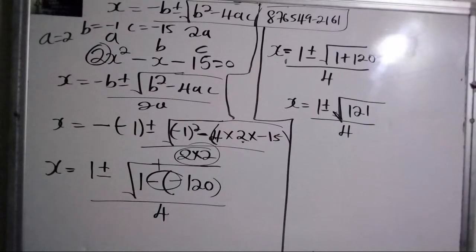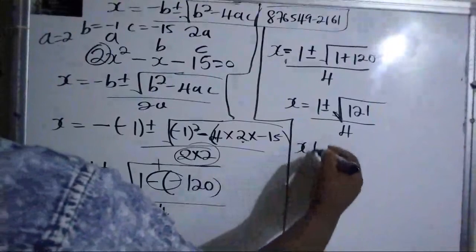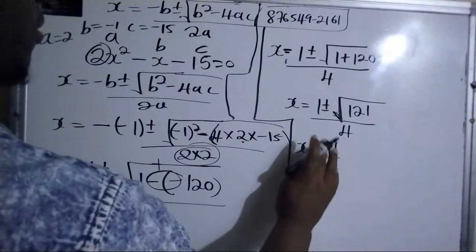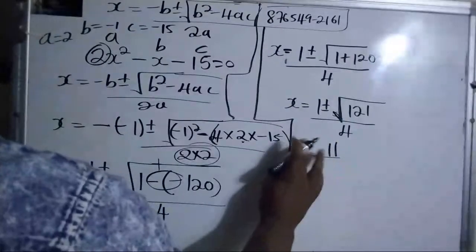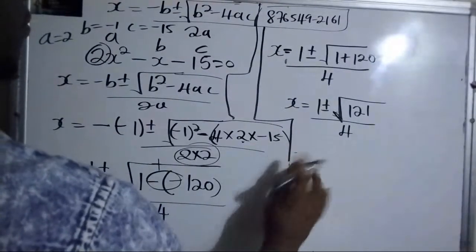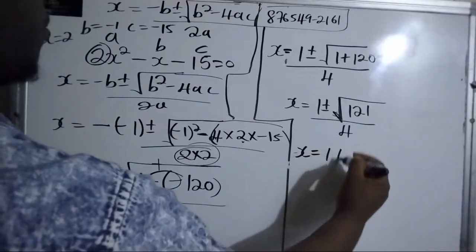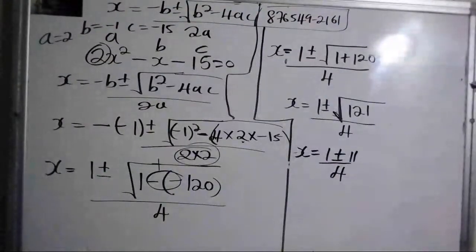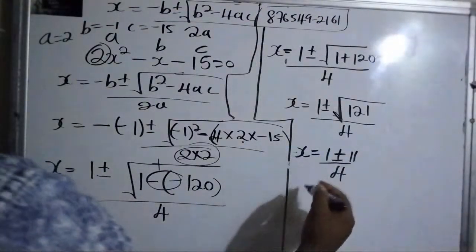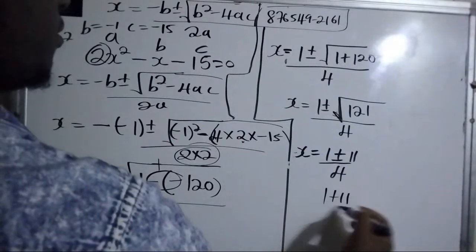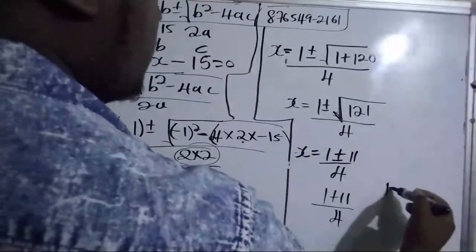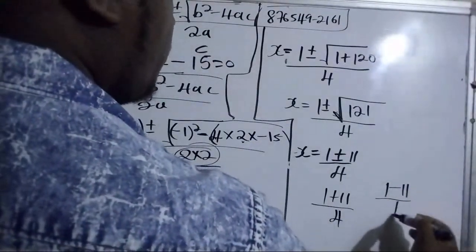So let us proceed. It should be 11. So we have x equals 1 plus or minus 11 over 4. And this is how we get the two solutions. First, we take the positive, so it's going to be 1 plus 11 over 4. And then the next one is going to be 1 minus 11 over 4.